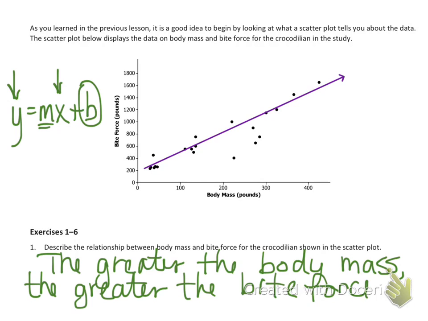We could kind of guess at the y-intercept, but we'll be more accurate if we actually use a point on the line to get it. Looks like the y-intercept for mine is right around, it's a little below 200, right there. But I will use a point on the line to figure it out. Okay, so pause the video and work on finding the equation of your line.